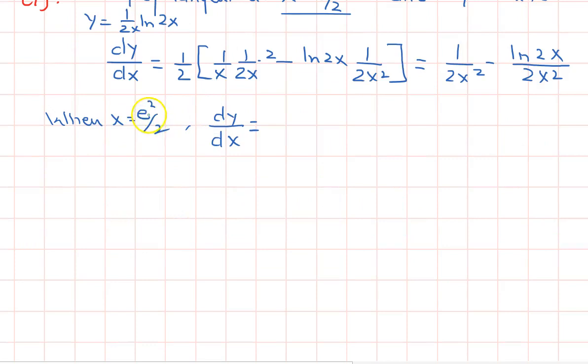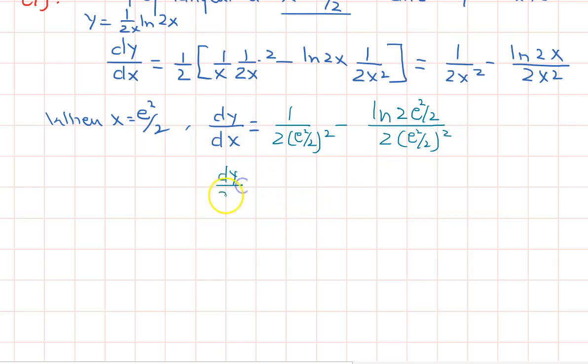So when x is e squared over 2, dy over dx is 1 over 2 (e squared over 2) squared minus ln 2(e squared over 2) over 2 (e squared over 2) squared.